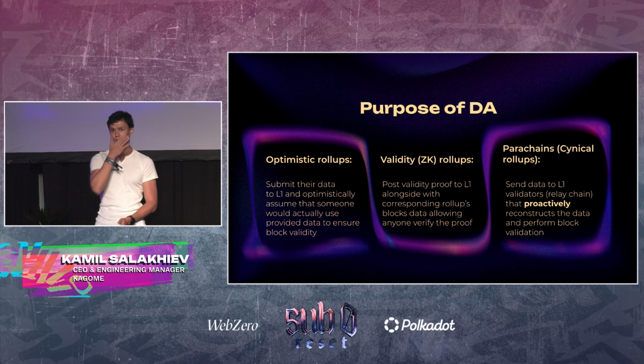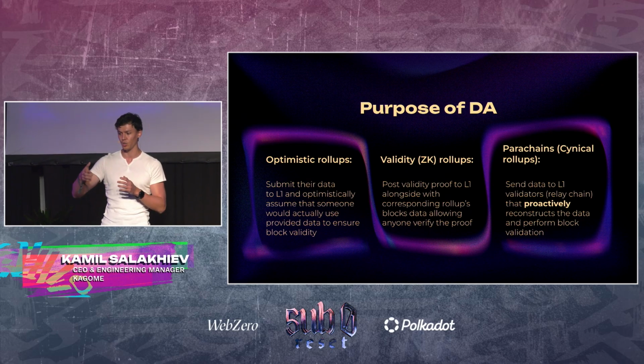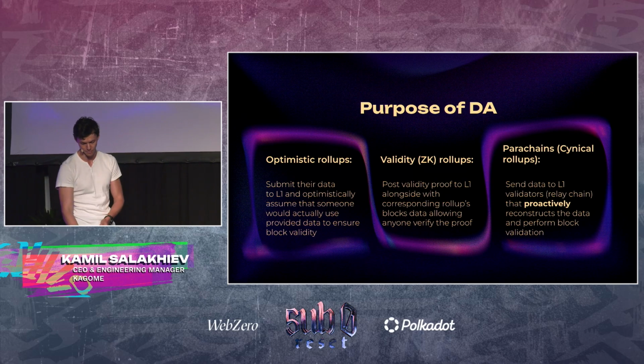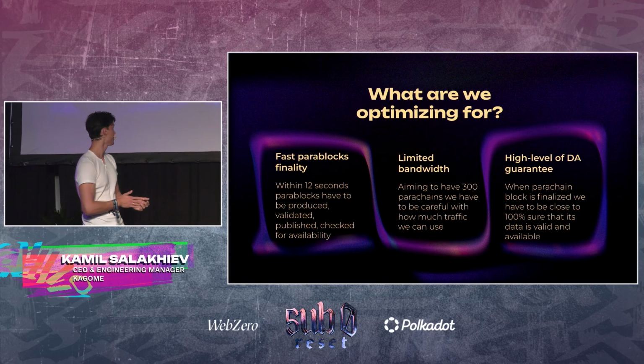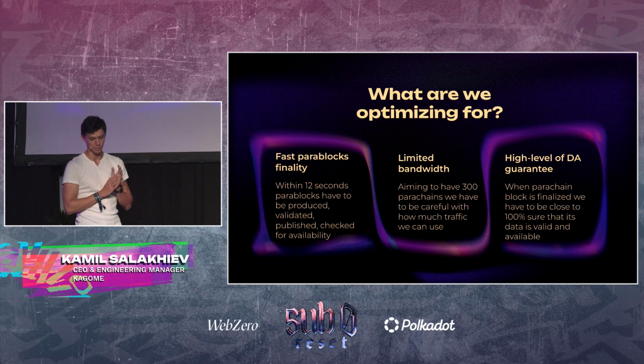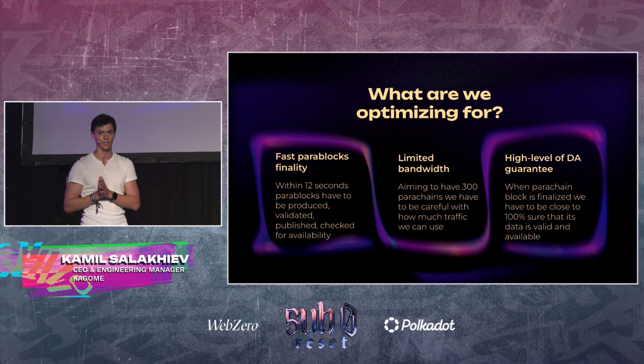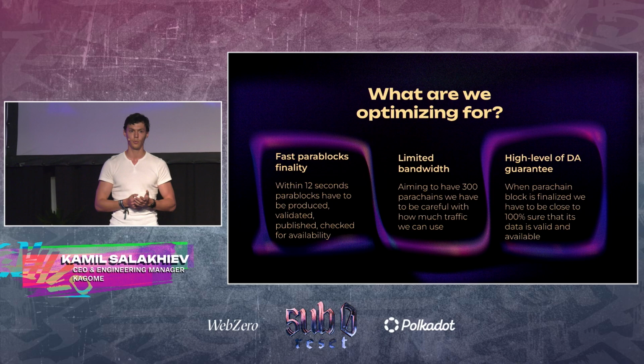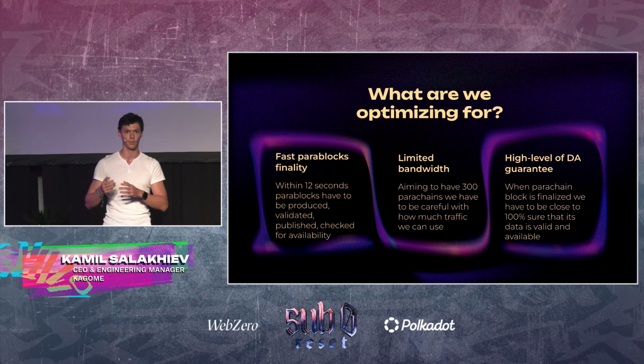So we really have to optimize not only for ensuring that the data is there on the relay chain, but also for ensuring that we can recover this data very fast, because that's needed for parachain validation. So what do we really want to optimize for? First is fast parachain block finality. We have 12 seconds within which collators should create a block.